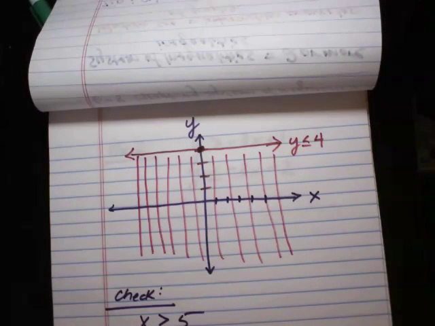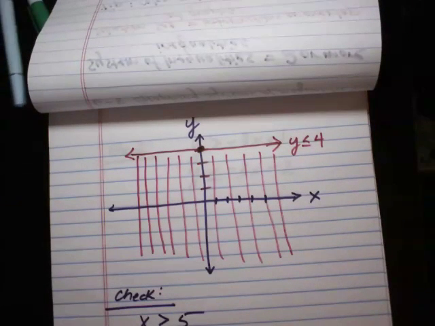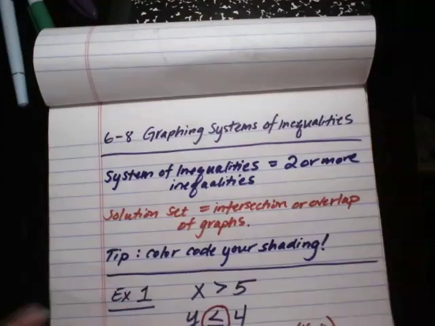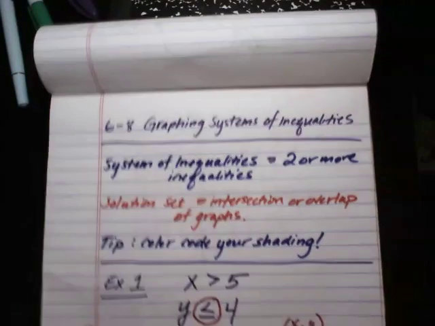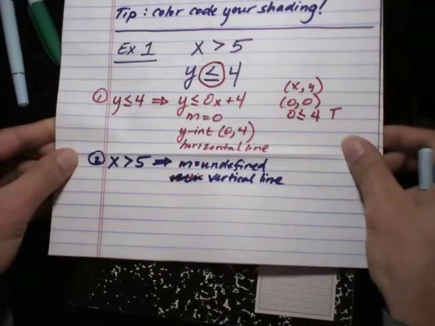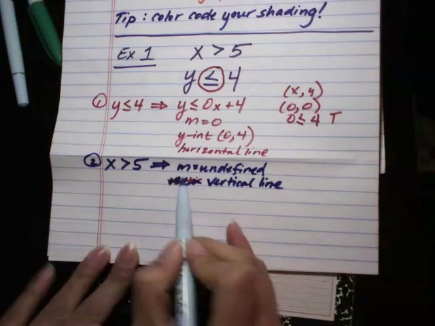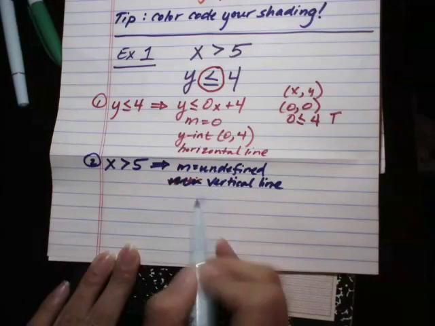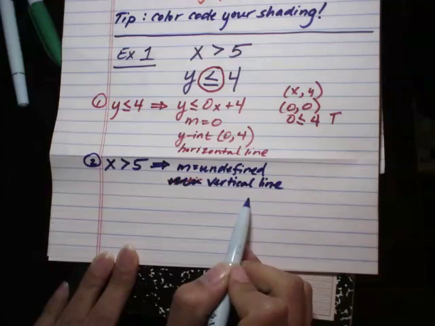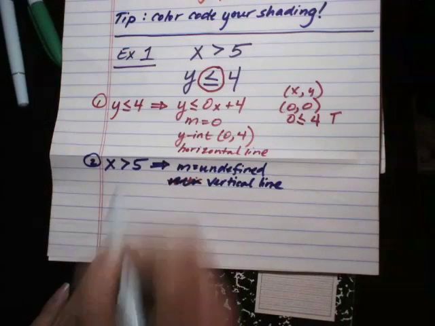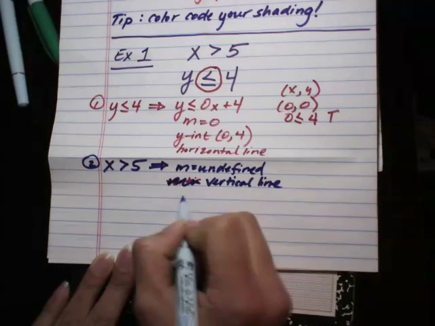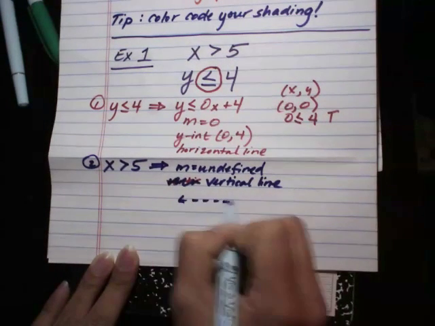Okay, now let's take a look at the other inequality. The other inequality is x is greater than 5. For x is greater than 5, I'm going to use blue. And keep in mind, our slope here is undefined. It will be a vertical line. It is a greater than symbol, so I know that it's going to be a dotted boundary line.